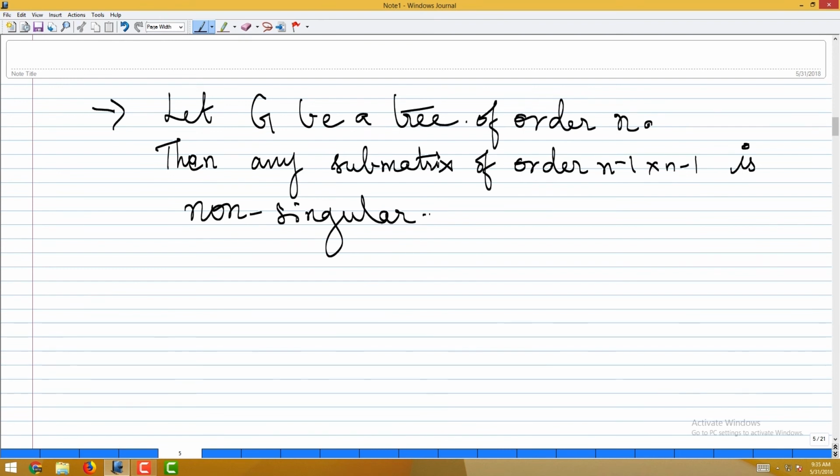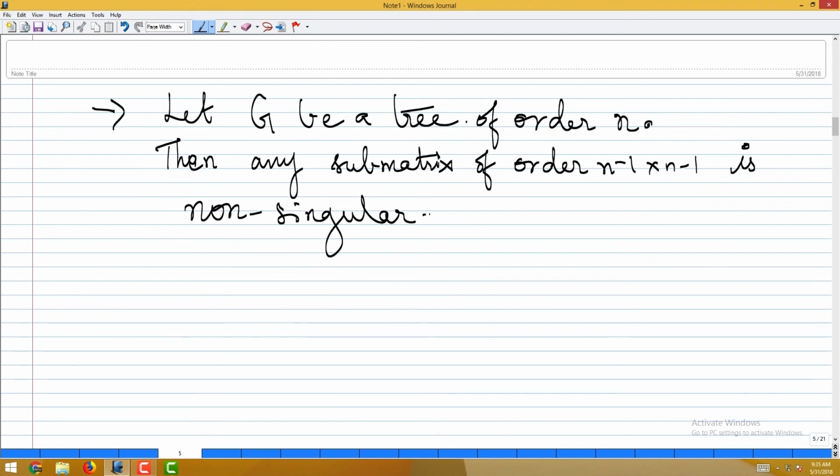Then if you look at any submatrix of order n minus 1, right, then we know the determinant has to be non-zero, because if you look at the corresponding eigenvalue argument we did yesterday, you will be able to connect the dots, right. I will not give the proof; it runs along similar lines to the previous result that we spoke about.